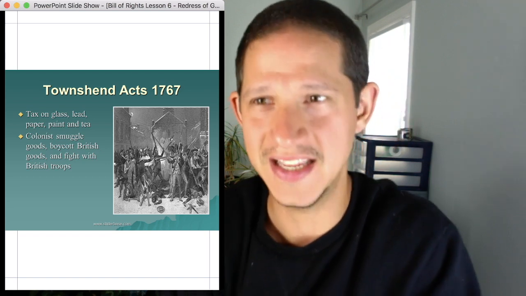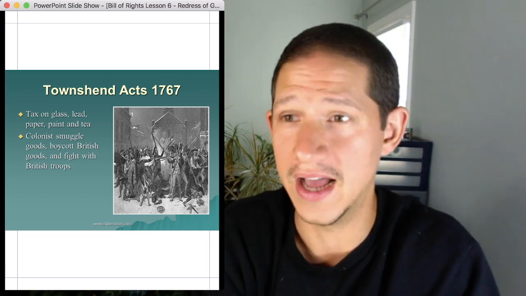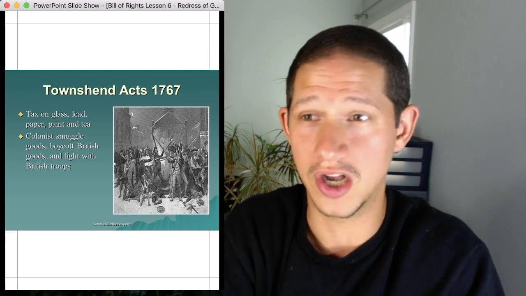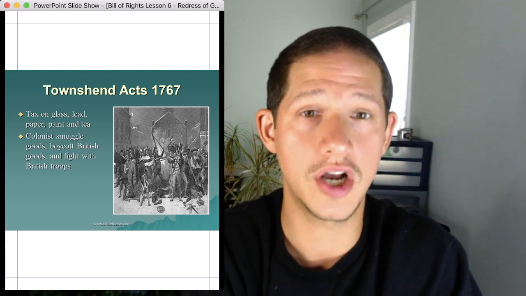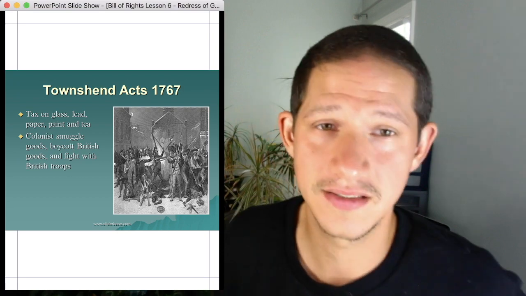This was the start of the Tea Act, 1767. Well, the colonists, they would continue to boycott, and they smuggled illegal tea in from other countries, right? John Hancock had a boat, and he would take that boat to other countries, pick up tea, and bring it back to the American colonies. The colonists were not going down without a fight.